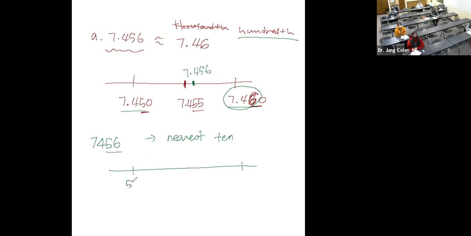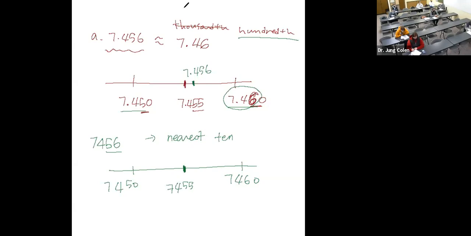Well, it's either between 7,450 or 7,460, because this number is between 7,450 and 7,460. What's right in the middle? 55. 7,455.